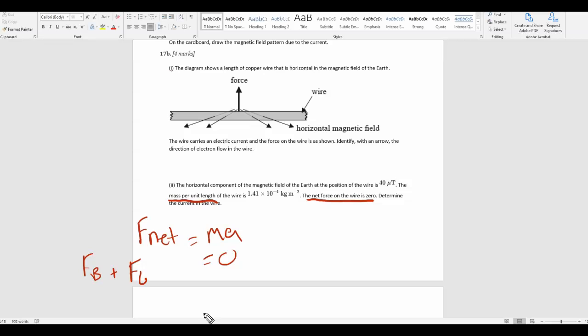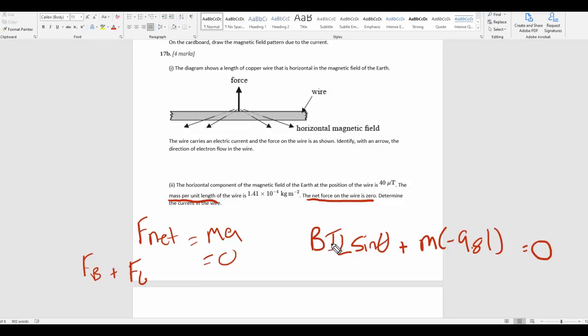Now FB is given by BIL sine theta. So I'm plugging that in for FB, and mg is equal to the mass times the acceleration due to gravity, which on a free response question I should be using negative 9.81 meters per second squared.